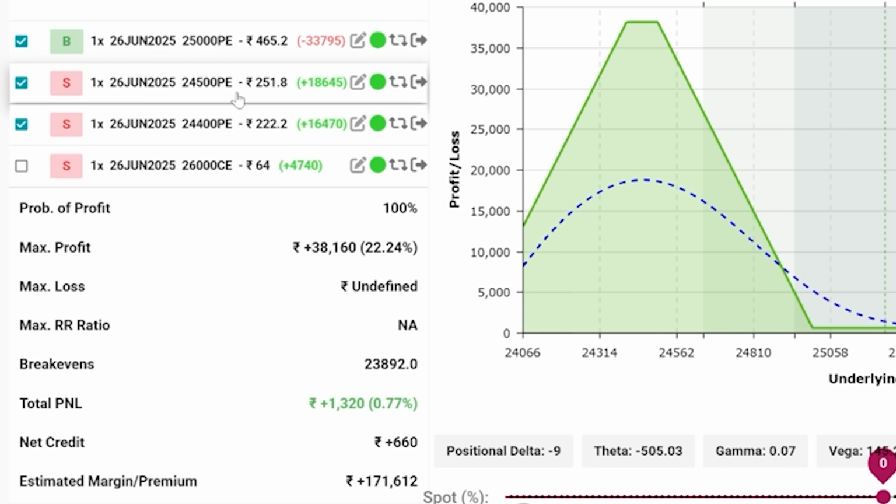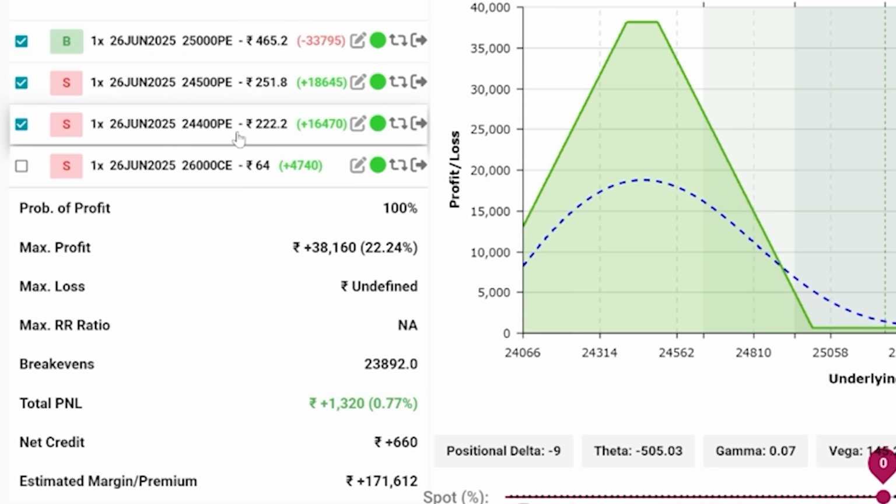People usually do a 1:2 ratio, that means buy 1, sell 2. But instead of selling 2, I chose to sell 1 at 24,500 and 1 at 24,400. So I bought the 25,000 put option, and sold the 24,500 put and the 24,400 put.